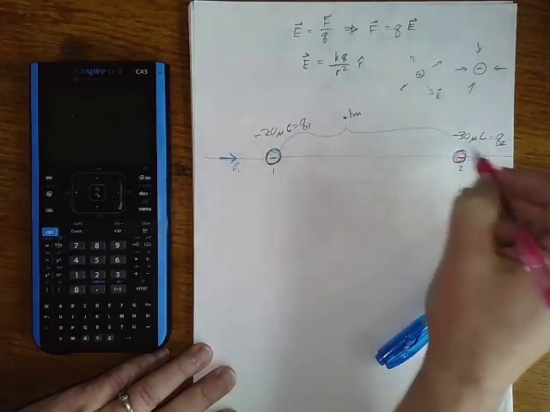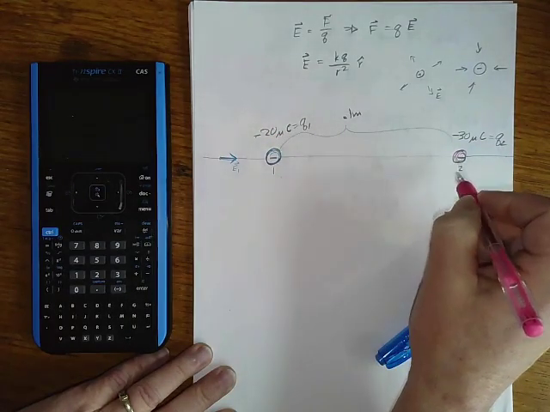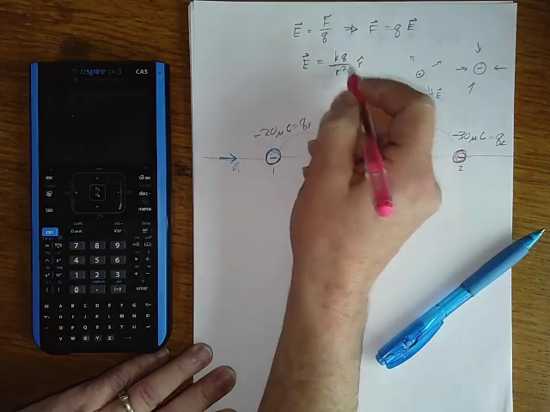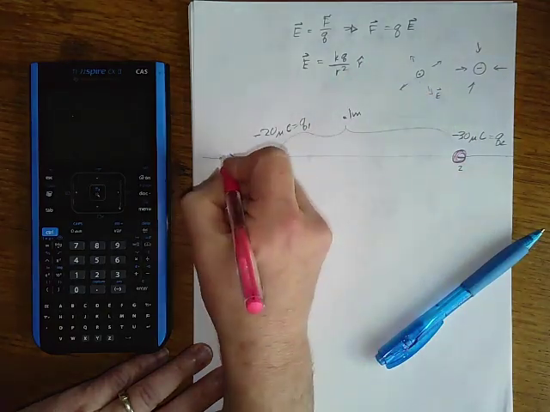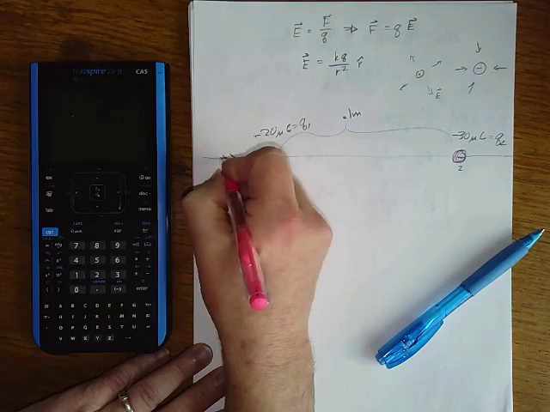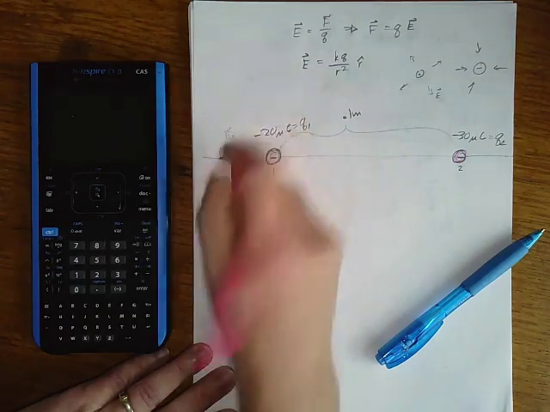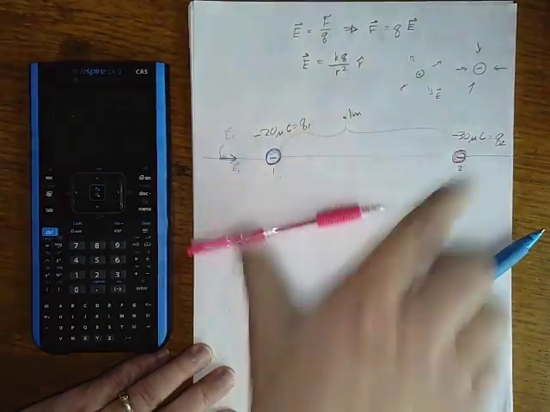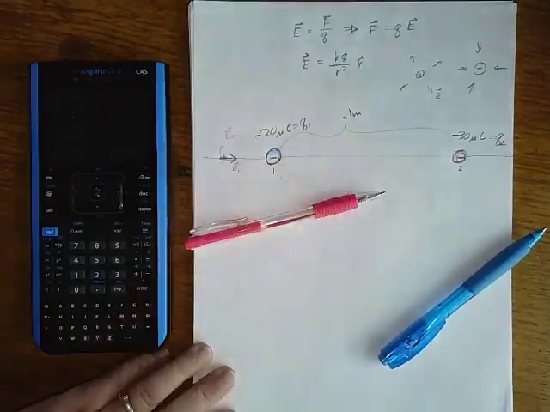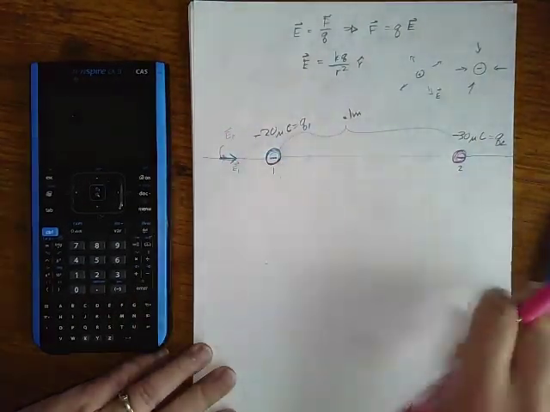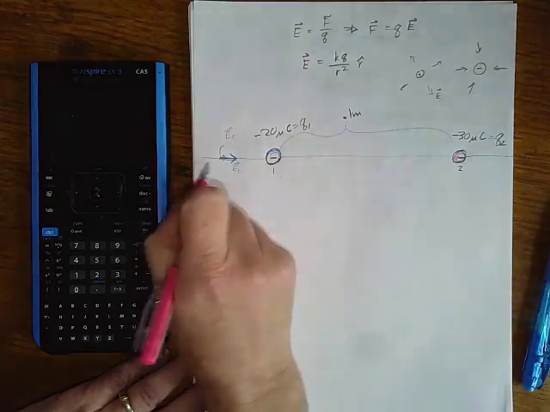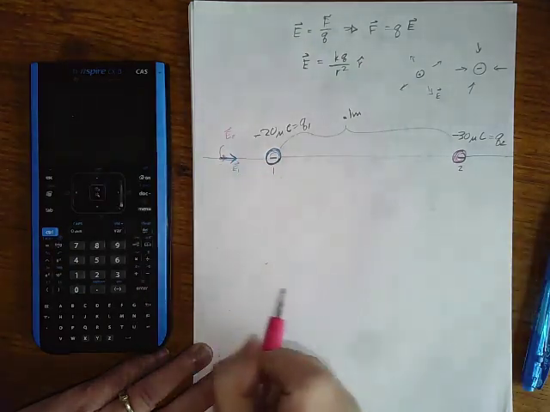It's bigger in size, but it's farther away. Remember, the distance is squared, and so the effect is smaller. So E2 may be something like this, because this point is quite a bit farther away from 2 than it is from 1. But they're agreeing with each other, saying the positive charge should come this way, right?